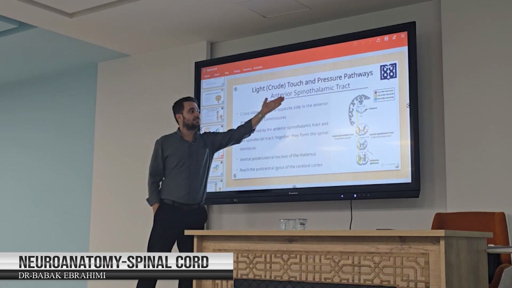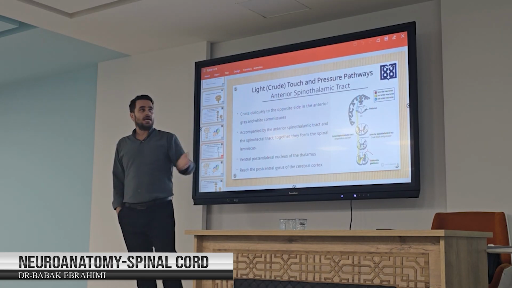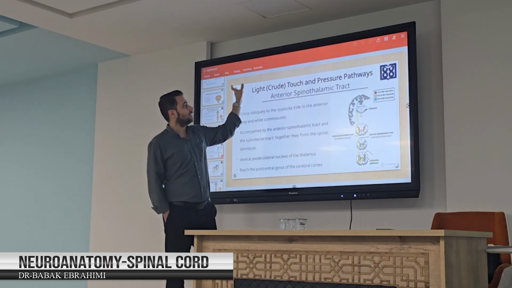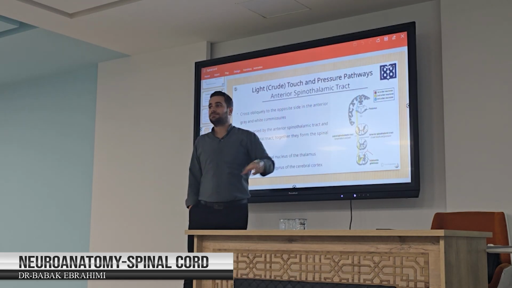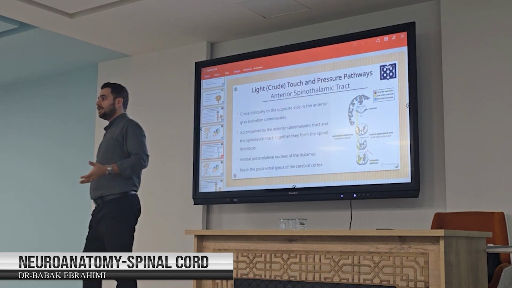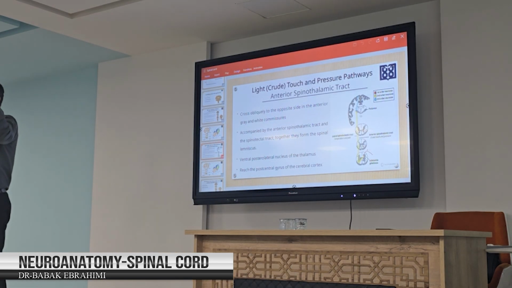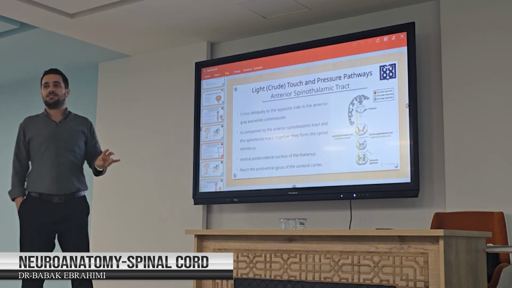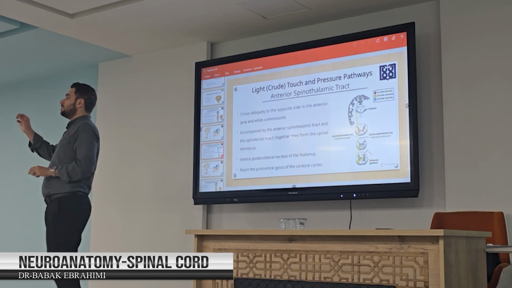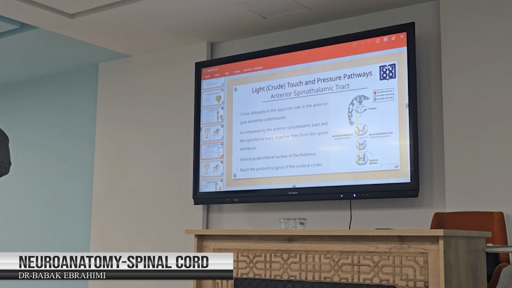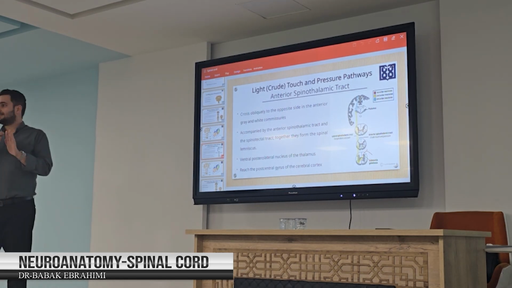Another one, the anterior spinothalamic tract. It carries information about light touch and pressure. What does light touch mean? We have two kinds of touch: discriminative touch and light touch. For example, imagine that I have two needles and put them on the skin.